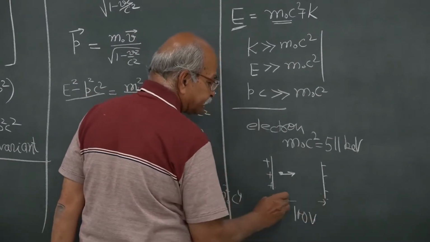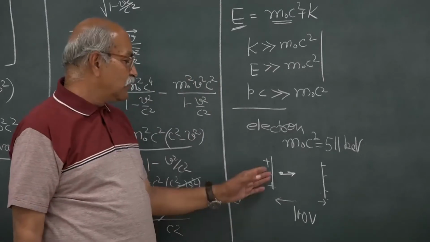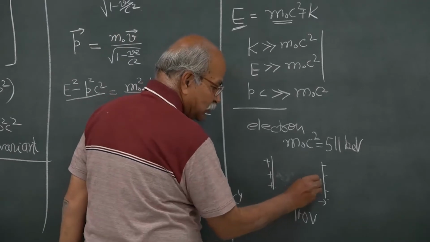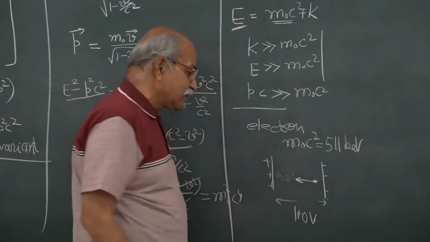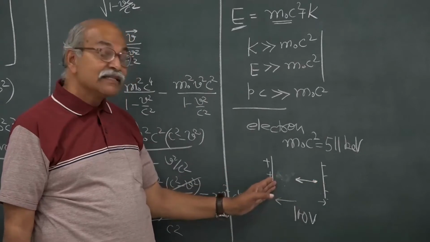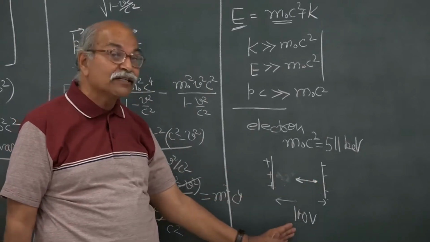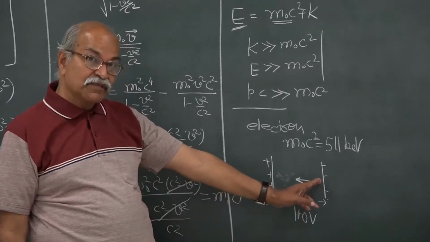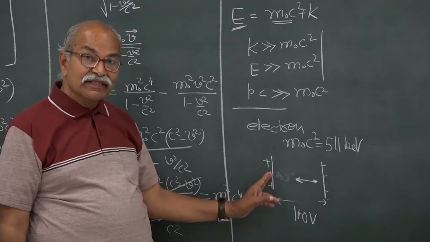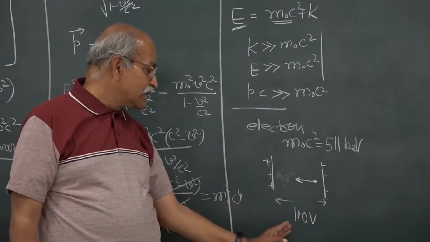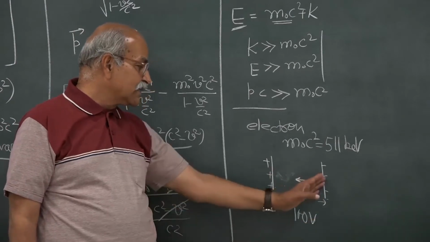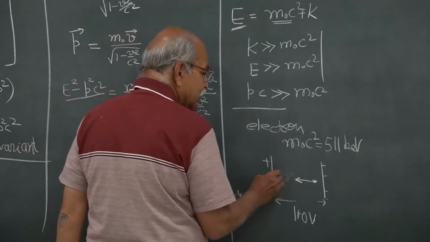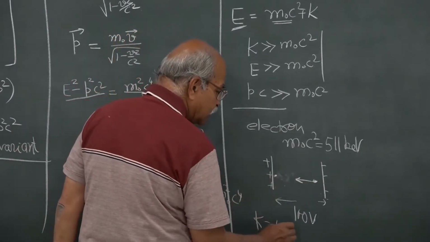So, the field is in this direction, so force is in this direction. When it reaches here, the kinetic energy is increased by 100 electron volts. If it is released from rest from this plate and reaches here, the potential energy decreases, kinetic energy increases. So, when it reaches here, the kinetic energy becomes 100 eV.